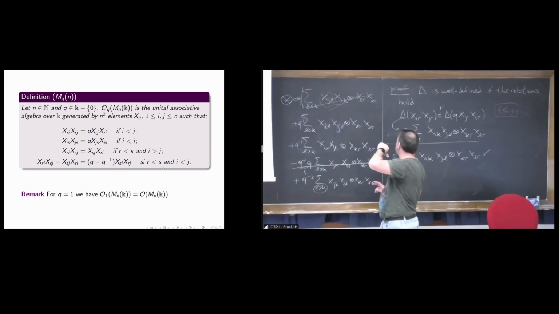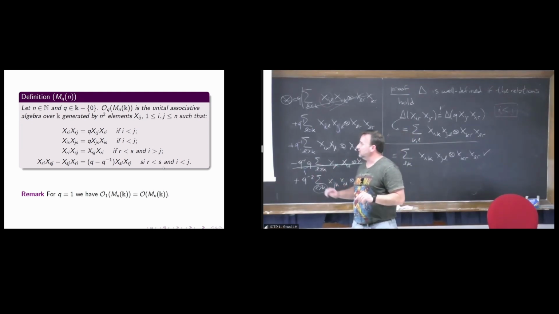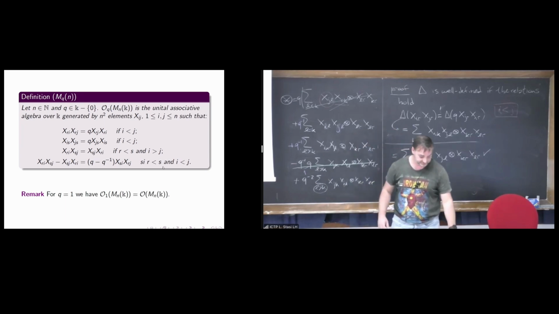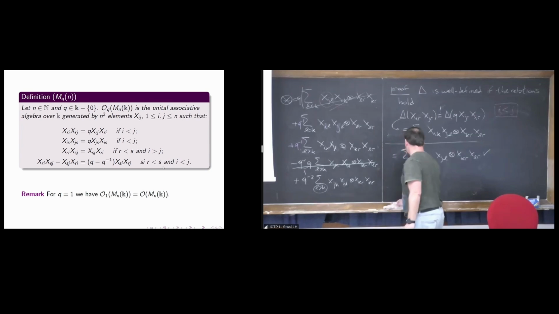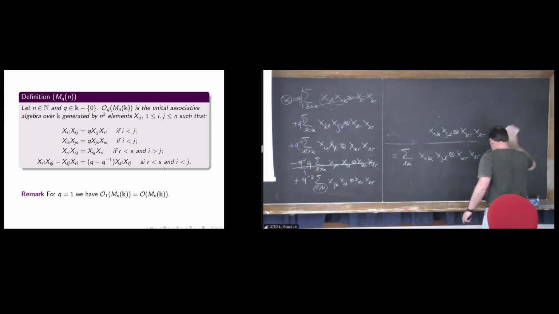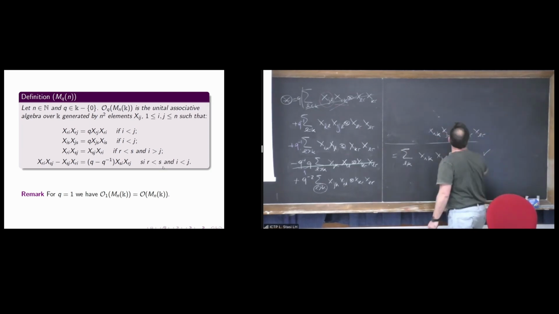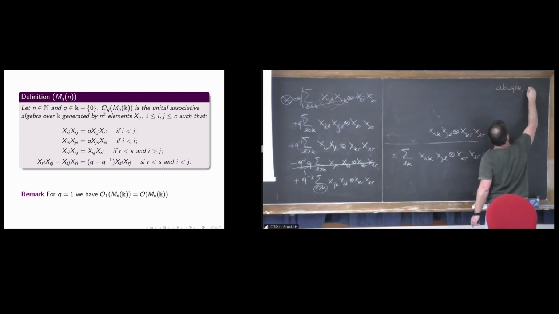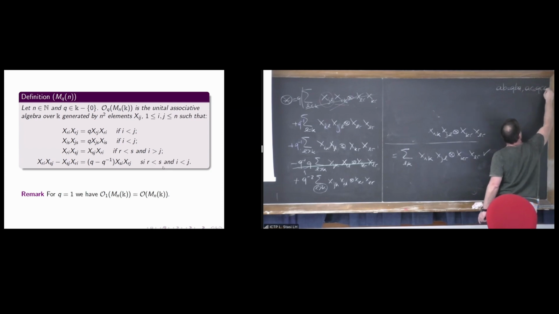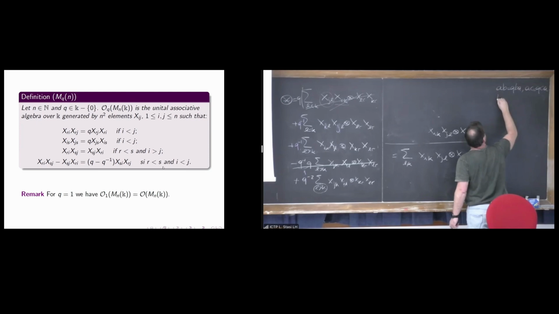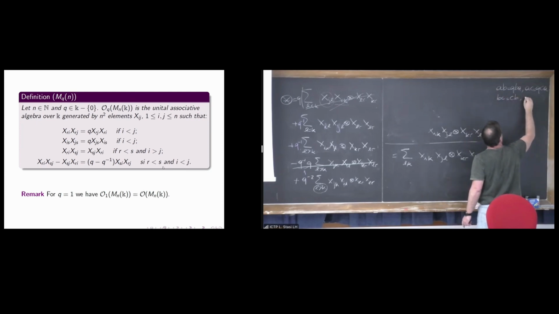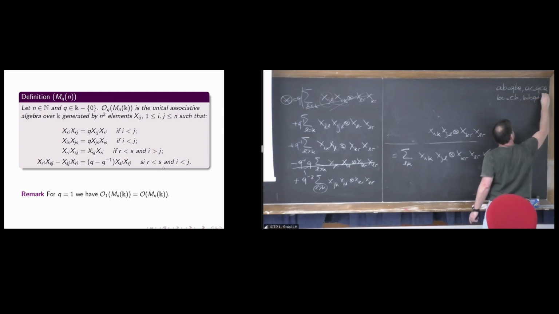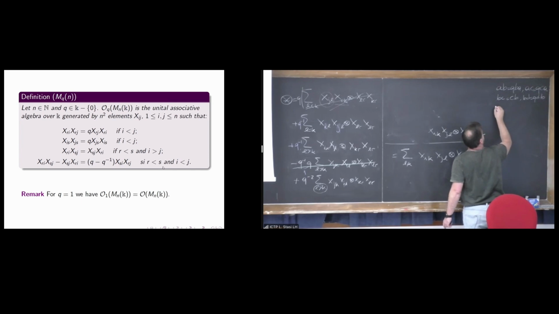So if you are still lost about what is going on, you can do it in 2 by 2, yeah? In 2 by 2, I will write the 2 by 2 equations here, so we'll keep this. The equations in 2 by 2 were AB equals QBA, AC is QCA, BC is equal to CB, BD is equal to QDB, and what else?